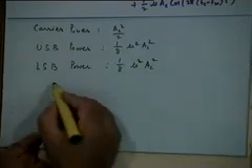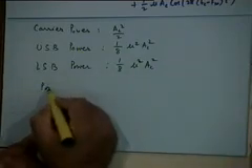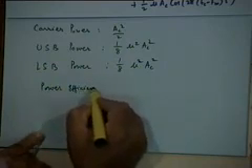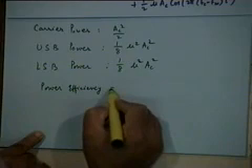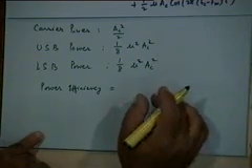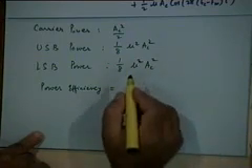and then you can calculate the power efficiency. Now, what is power efficiency? How should we define power efficiency? The useful power transmitted as a fraction of the total power transmitted. What is the useful power transmitted here?